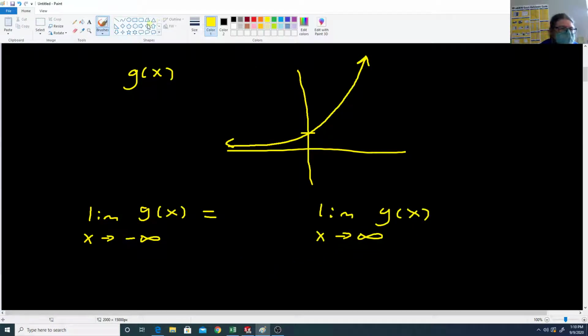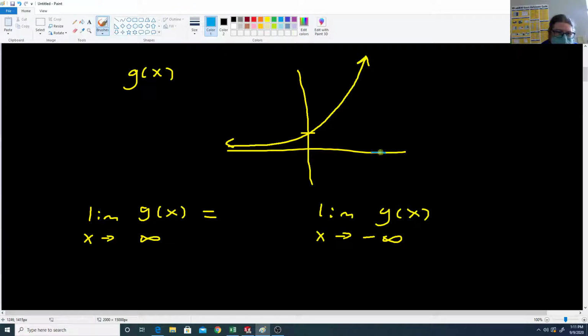I did these backwards from the way that they were in that other one. Let's do the infinity first, and then negative infinity second, just to keep it in the same order as what I had on the previous one. So we say, okay, what is going on as x approaches positive infinity? As x gets bigger and bigger and bigger, what are the y's doing?